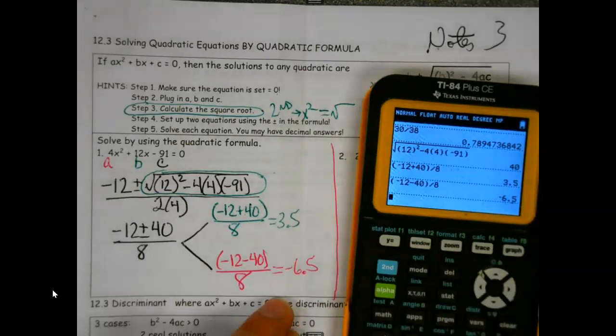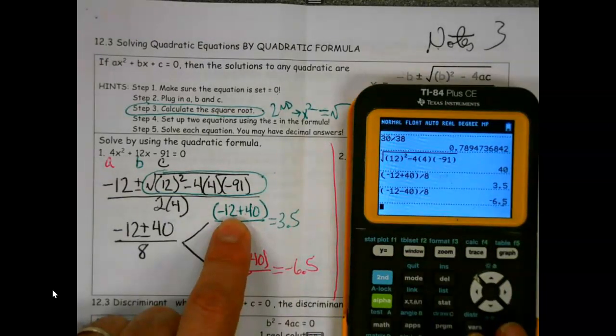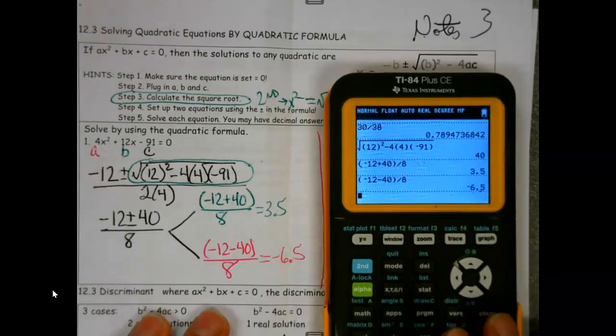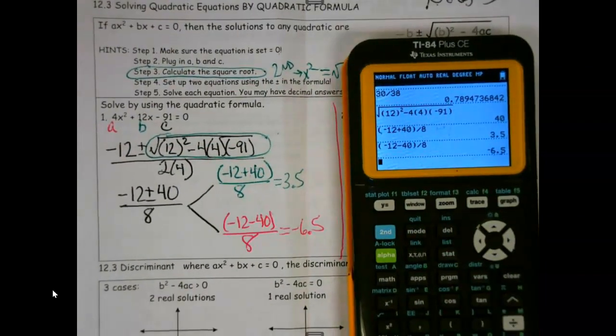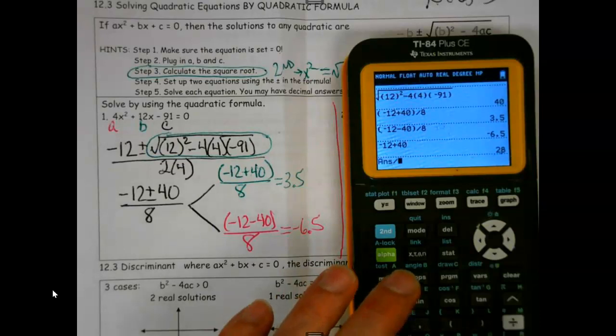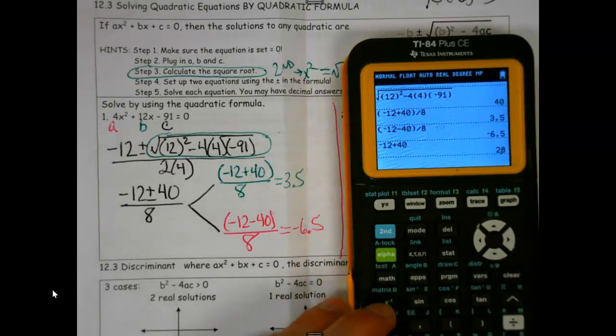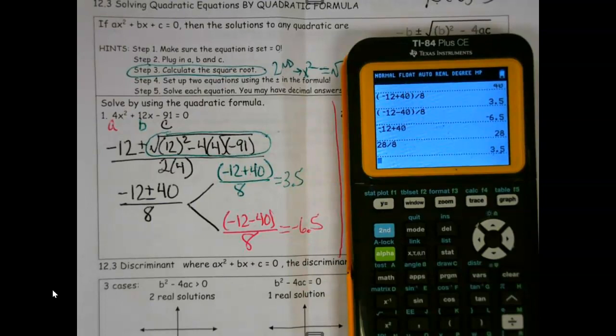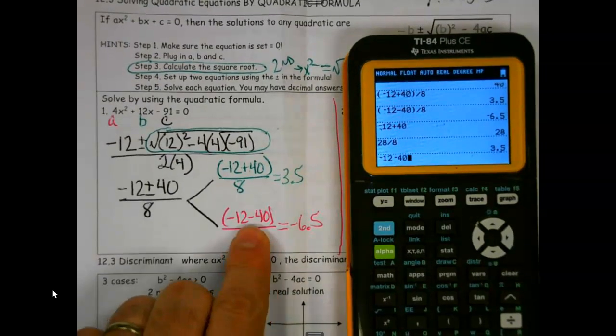But let's say you're like, I don't know if I'm going to remember to do the parenthesis thing. Here's what you can do as your other option. If you do the negative 12 plus 40 first and hit enter, then divide your answer by 8, I get the same answer. Negative 12 minus 40.